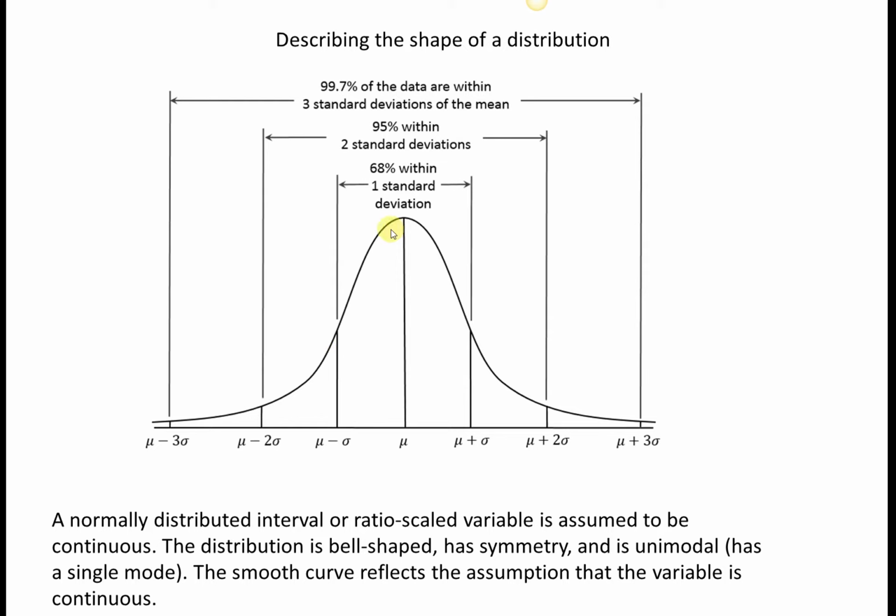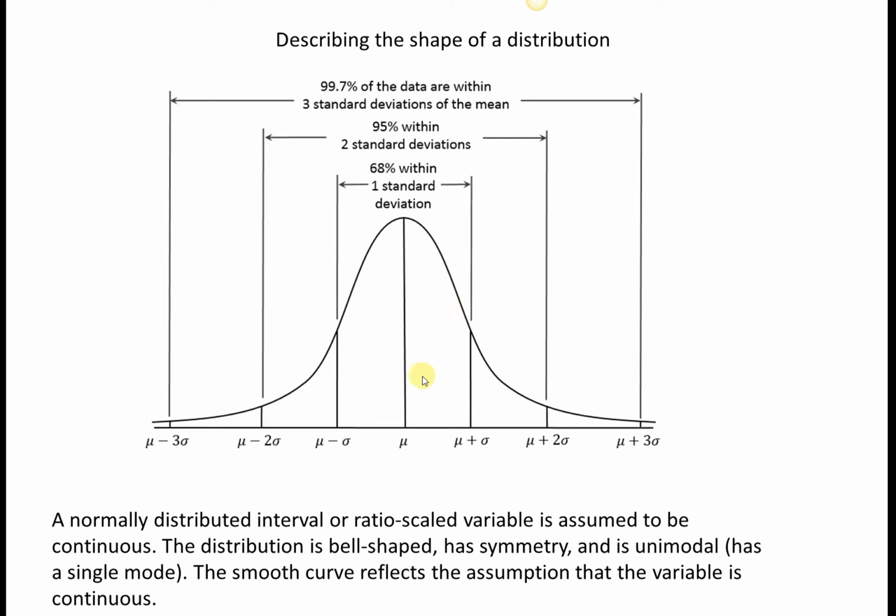So you can see that between the mean and one standard deviation unit above the mean, that actually encompasses about 34% of the distribution, and the mean and one standard deviation unit below that point would capture another 34%. So the area between -1 and +1 standard deviation units is about 68%.